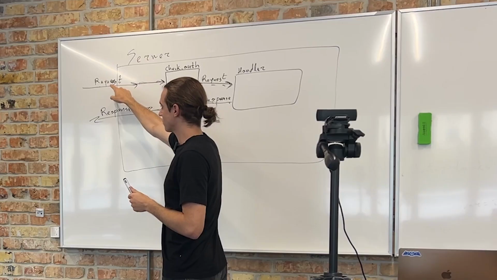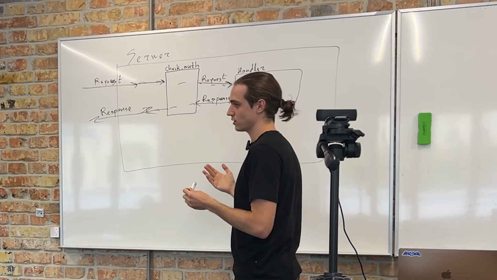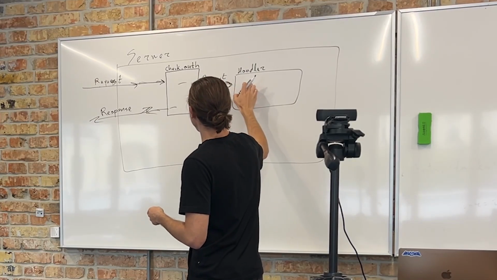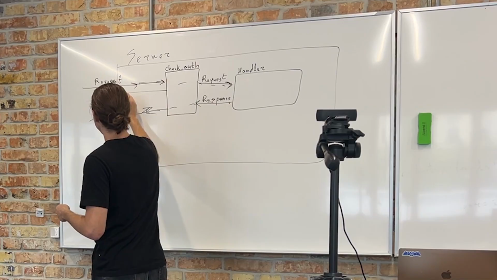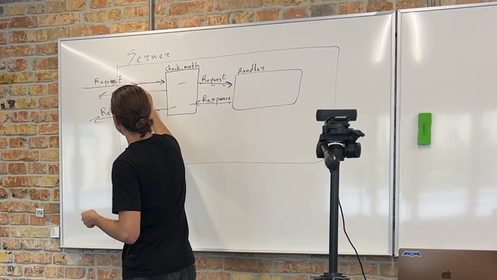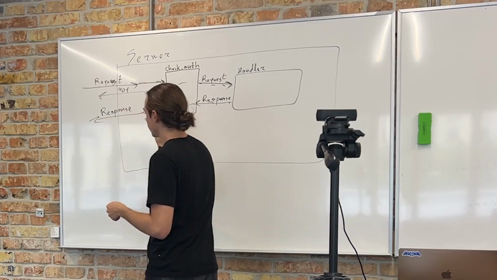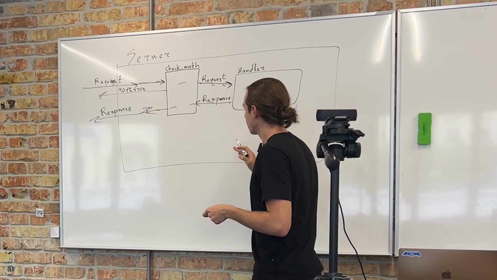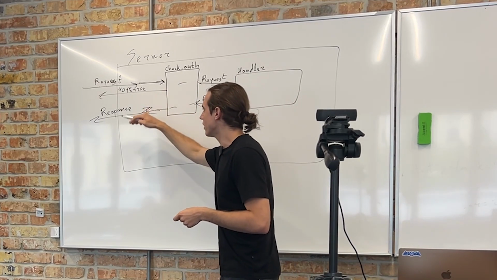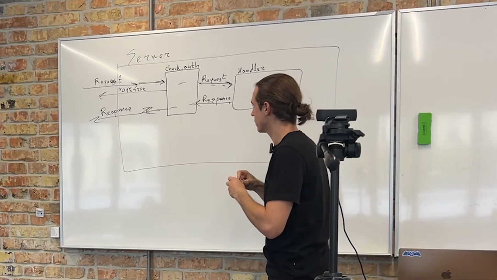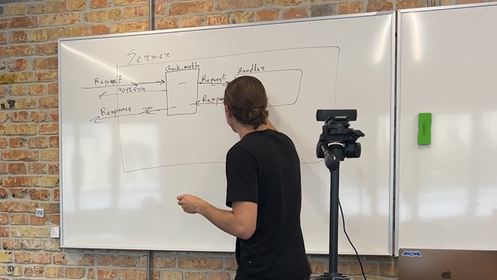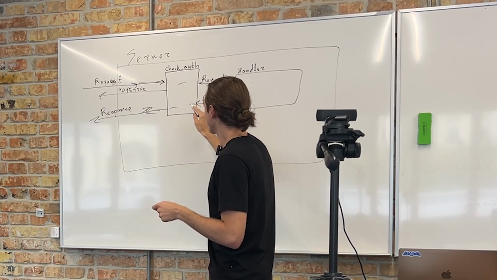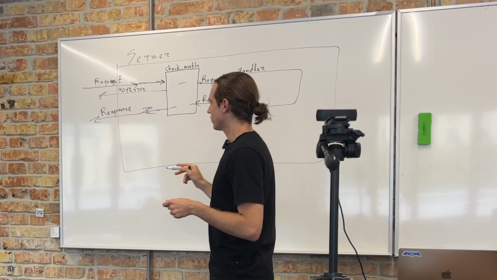If this client doesn't have access to our server, we are not sending the request to the handler, but returning a 401 unauthorized error. But if we checked our client and see that this client has access, we send the request to the handler, then get a response from the handler inside our middleware and send the client the response.